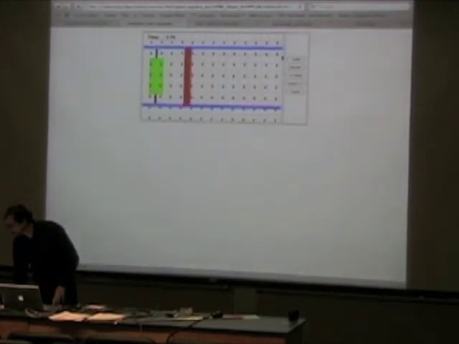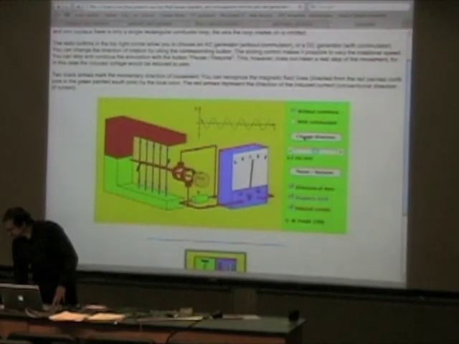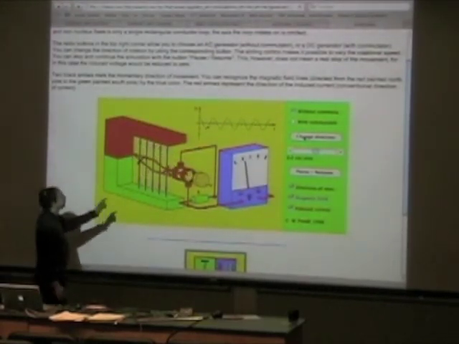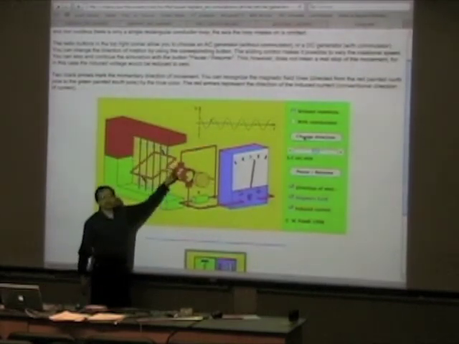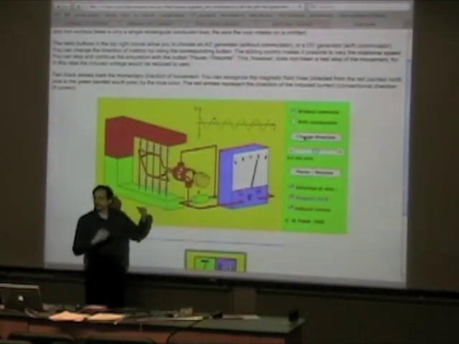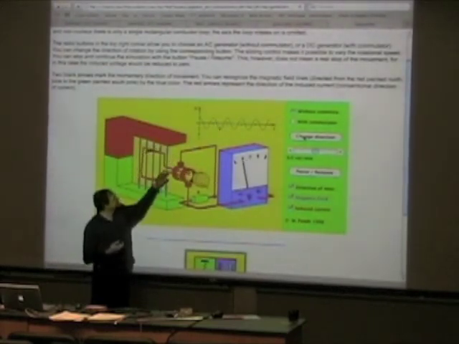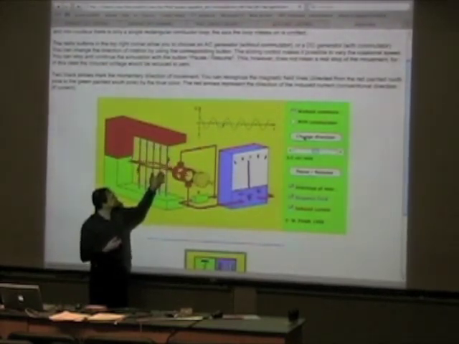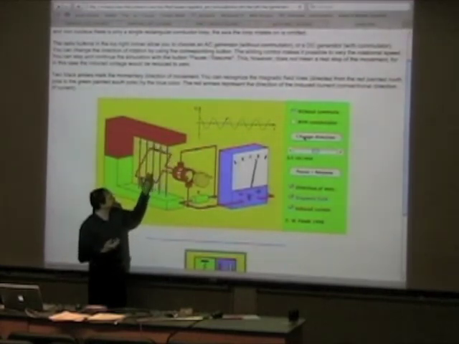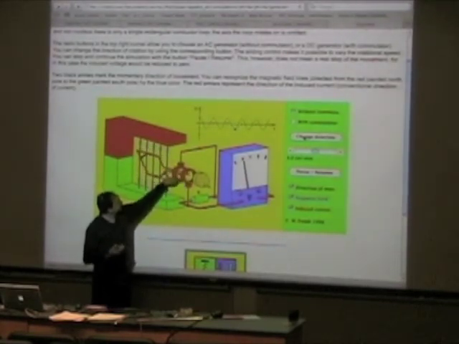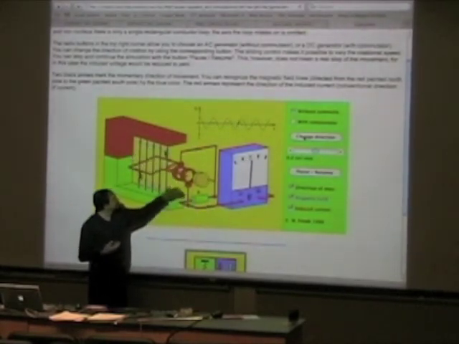You saw it in the movie. This applet shows you how we actually take electricity off the rotating loop. So one end, another end, and connect it to some wires.